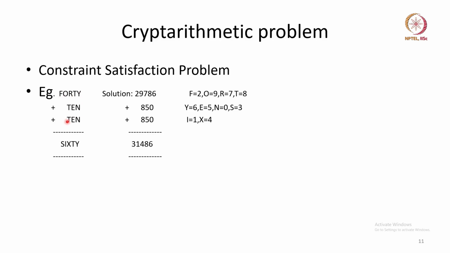So T will have one digit, E will have one digit, N will have one digit, etc., which is between 0 and 9, and no two alphabets can be associated with the same number. They all have to be associated with different numbers. So this is actually a solution to this problem. 40 plus 10 plus 10 is equal to 60. So we'll see how to solve the cryptarithmetic problem later on.